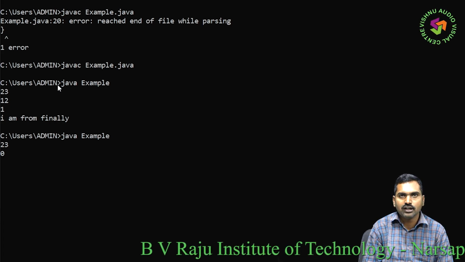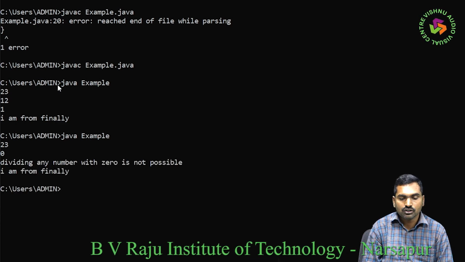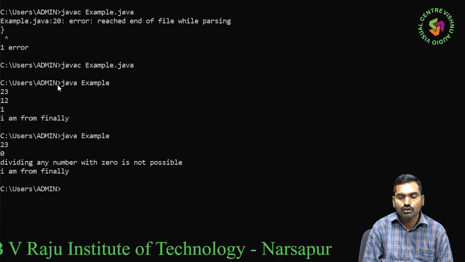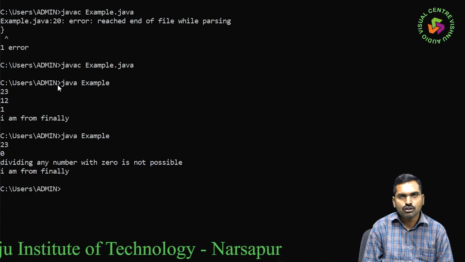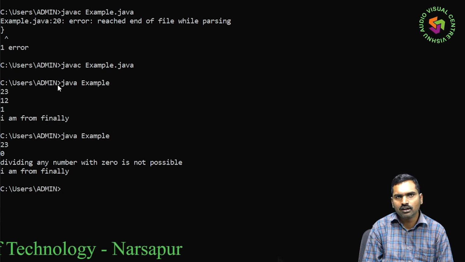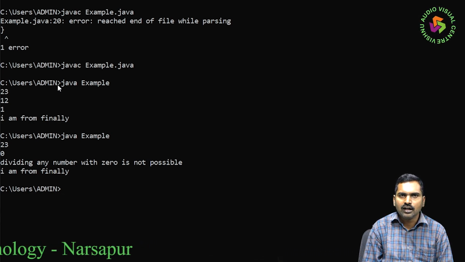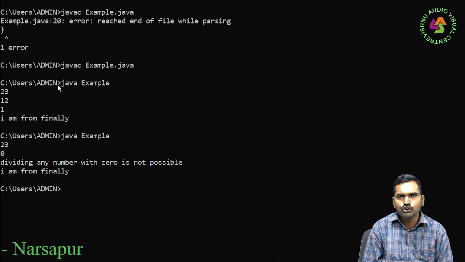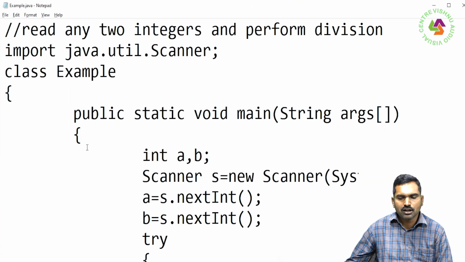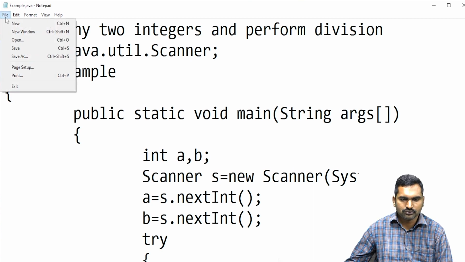See what user friendly message we wrote: dividing any number with 0 is not possible. So the client or user, next time he will run that application again and give a non-zero value or proper input. So this is a simple example for exception handling.